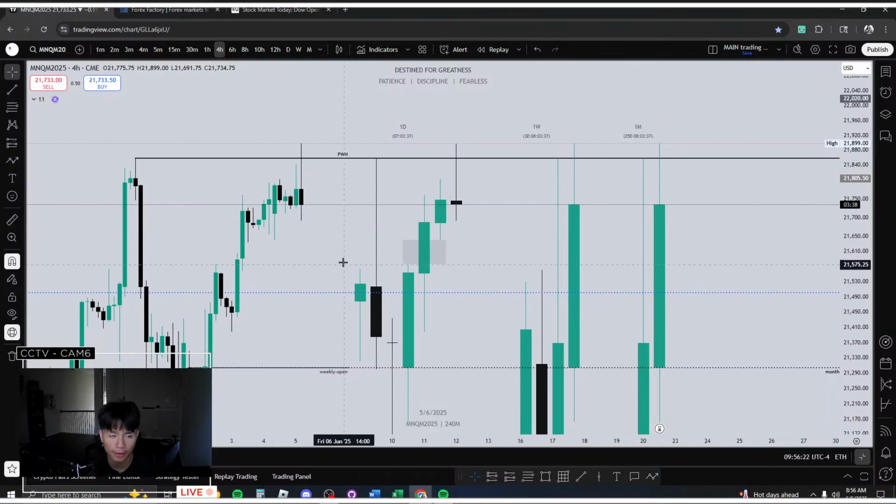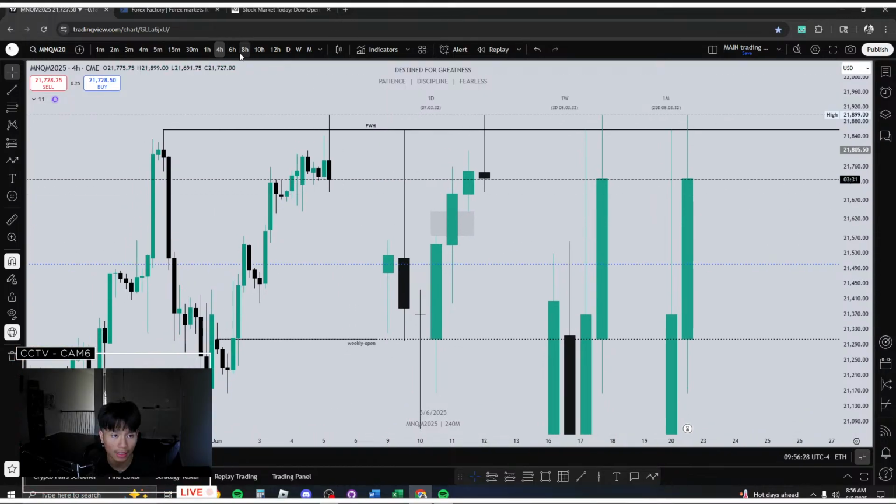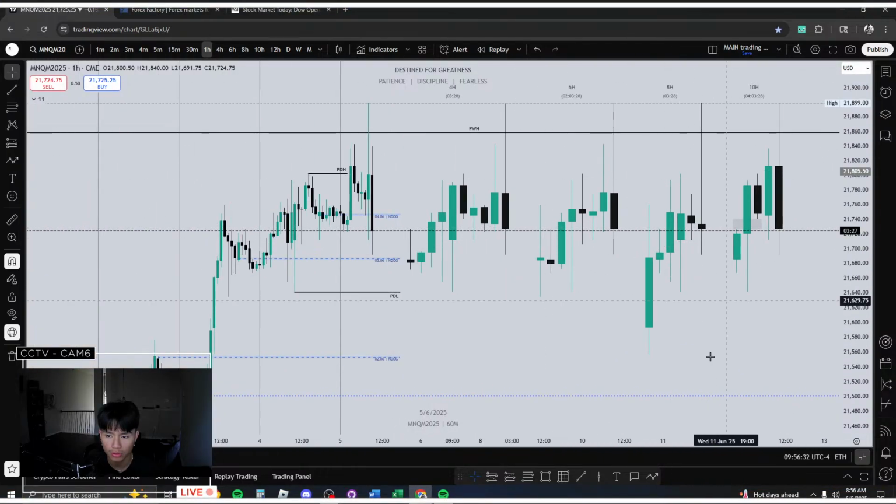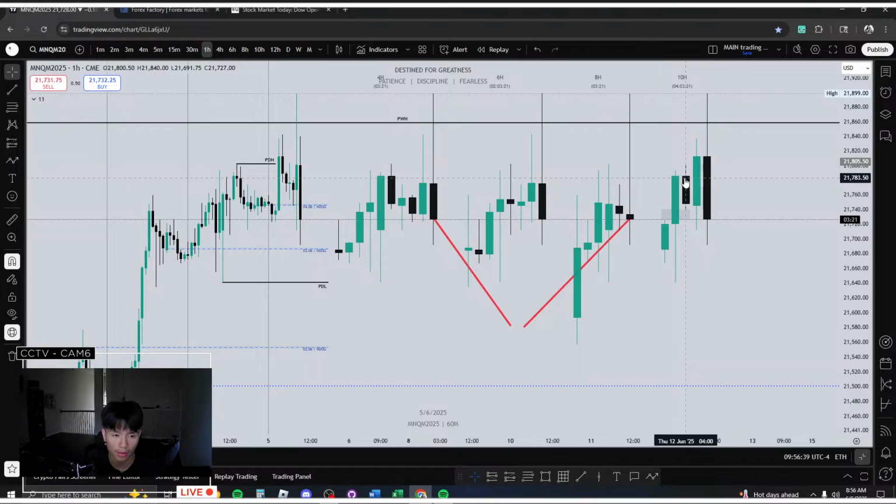I would rely on how we close here on the hourly time frame and the 8-hour time frame. Depending on how this candle closes and how this candle closes will give me a morning objective, right? Every single candle has an objective.